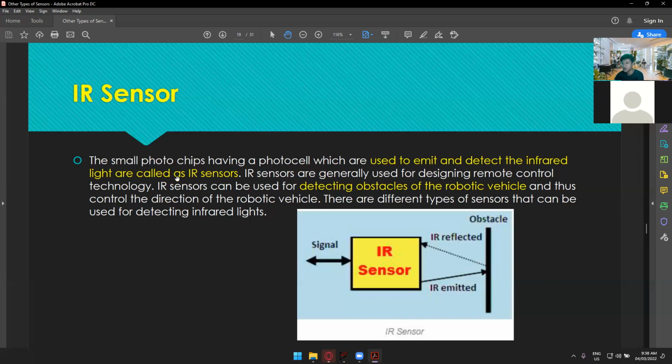If you want to use a specific sensor, try to research first what is best for that sensor and what the disadvantages are if you're going to use it. All of them can detect an obstacle or object.